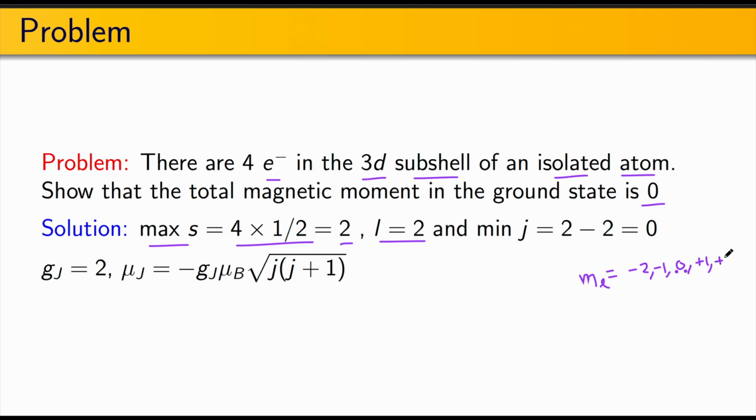So that gives us only one option, L is equal to 2. So minimum J is given by 2 minus 2, and that is 0.